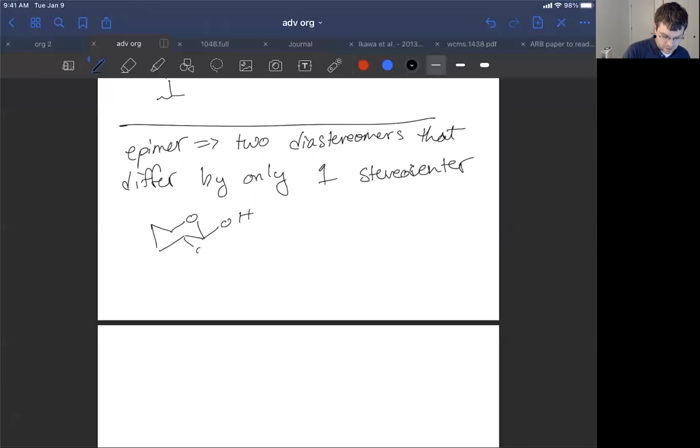Okay, so let's say we've got a carbohydrate. Okay, there's beta glucose versus, I don't have the name of this, but let's change this position to, instead of being equatorial, it's axial.